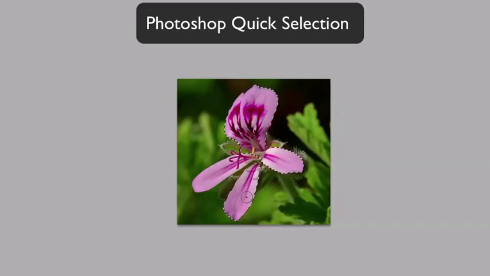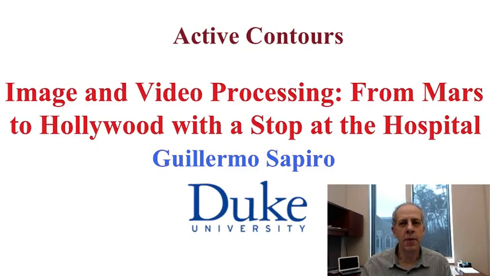This is a very, very interesting technique, this time implemented inside Adobe Photoshop. And this provides another demo of active contour type approaches. Thank you. These examples that we just saw should motivate you for the material that is coming next week.